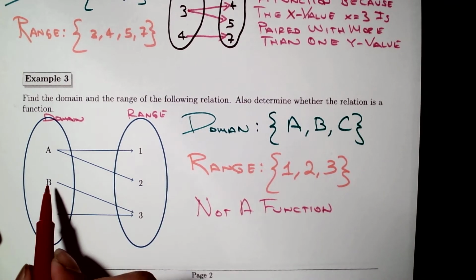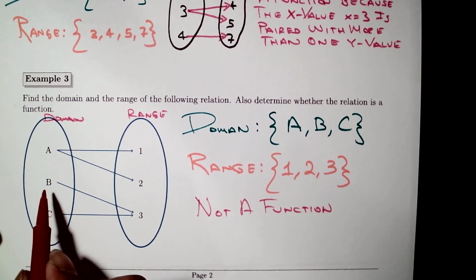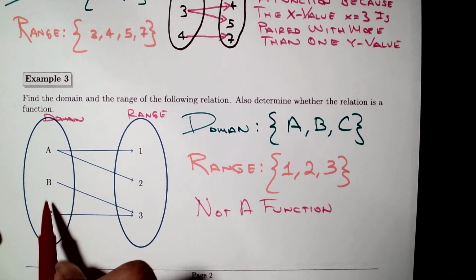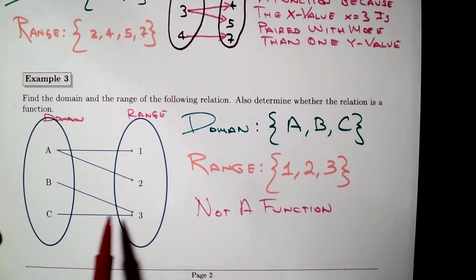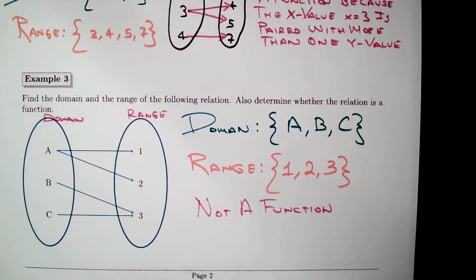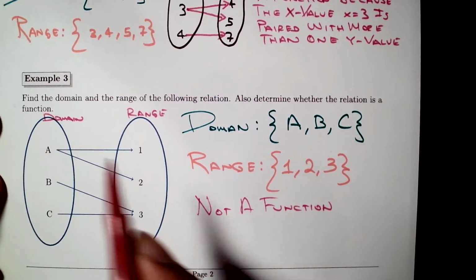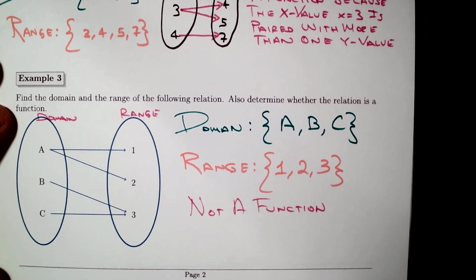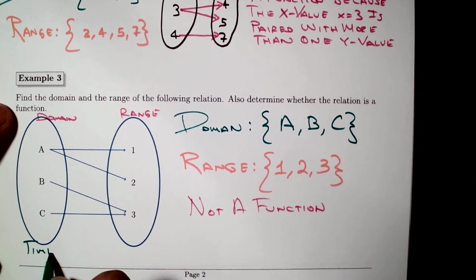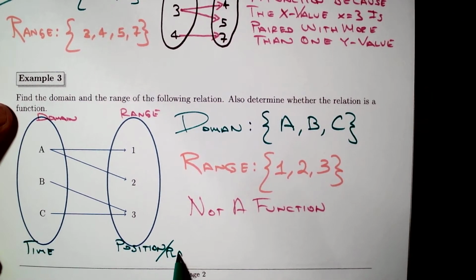However, on the other hand, two elements in the domain can still go to the same y value. Let me give you a real life example. For example, let's say the domain represents time and range represents position or place.